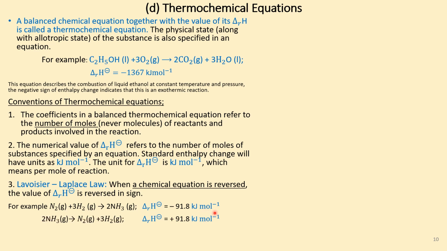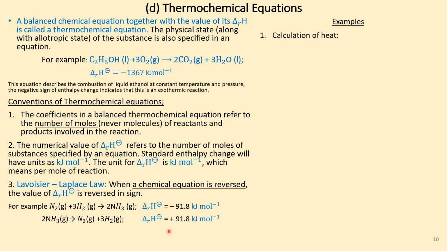When the reaction is reversed, we can write 2NH3 gaseous splits to form N2 gas plus 3H2 gas, and its delta rH° value is plus 91.8 kilojoules per mole. Please see the change in sign when the chemical equation is reversed. Please note it very carefully.